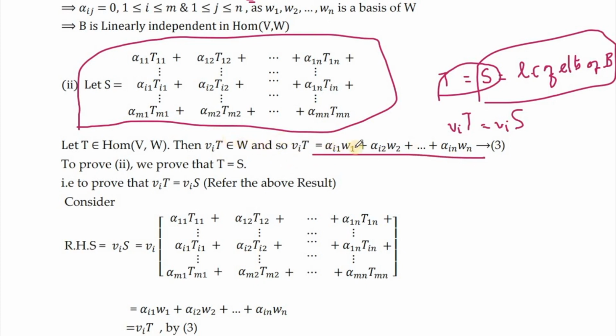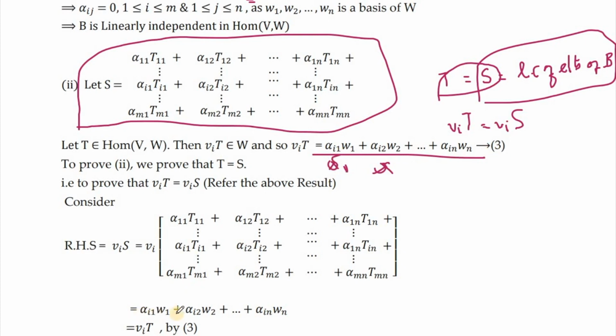So viT is a member of W, and it should be written uniquely with the help of the basis elements w1 etc. wn in some way. But we are choosing the scalars in this way. You can have scalars named lambda 1 w1, lambda 2 w2, or even delta 1 w1, delta 2 w2, and so on.